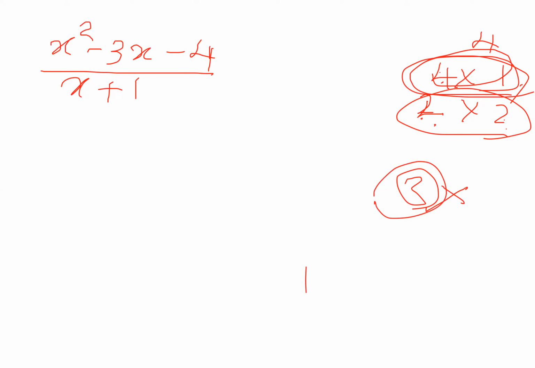Our function's terms are x squared, then 3x I can write as 4x plus x. Now, our original function has a minus 3, so the bigger one should be minus and the other one should be plus.